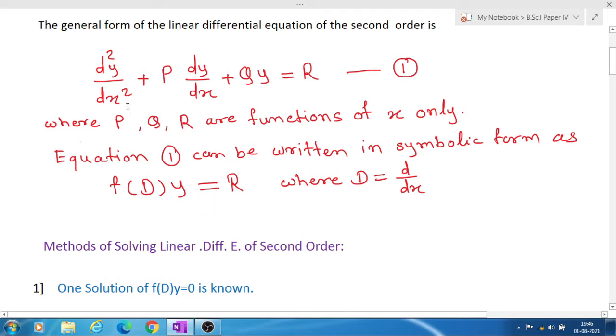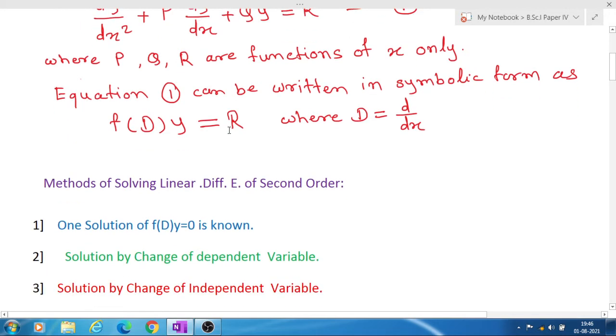That means D square plus p into D plus q operates on y is equal to r. So we know how to write the equation using operator D. So this is a second order linear differential equation.